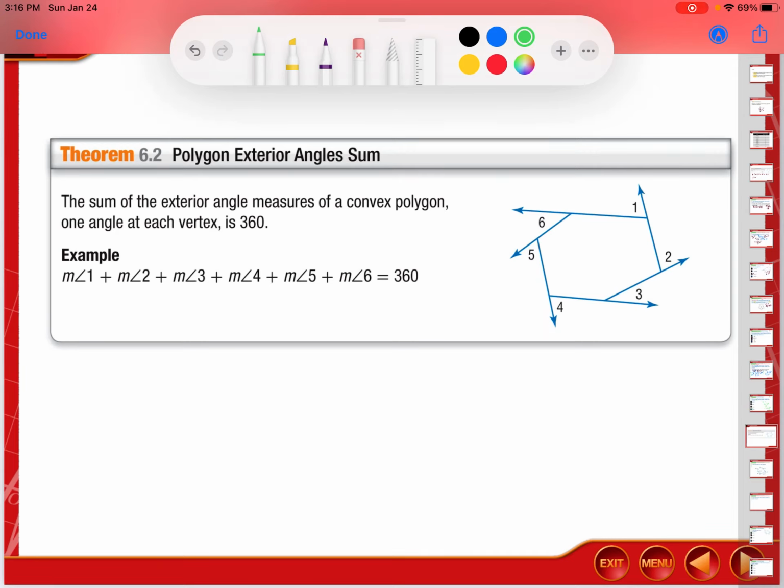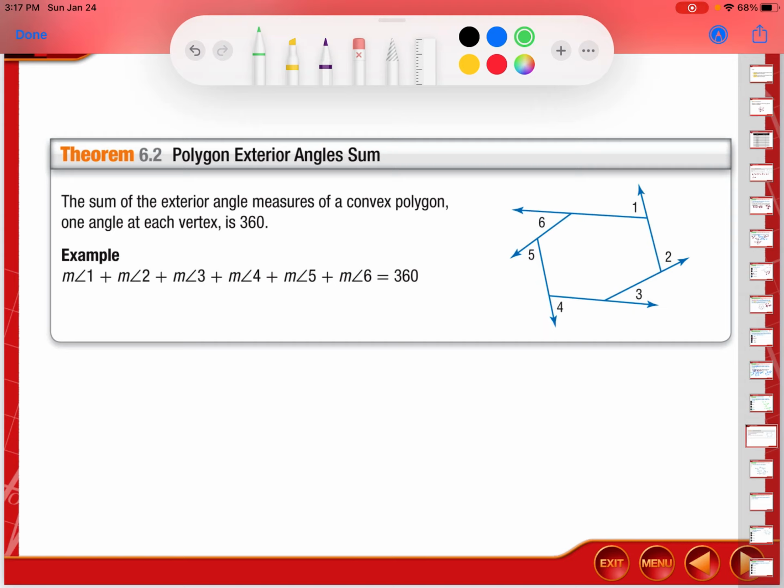All right, moving on to our last little topic. This is my favorite one. Polygon exterior angle sum theorem. I guess they didn't give us the theorem, so I'm giving us the theorem. If you add all the exterior angles on a convex polygon, the total is going to be 360 degrees.